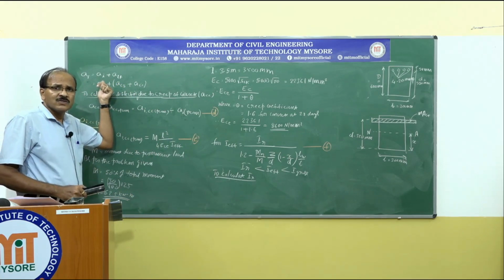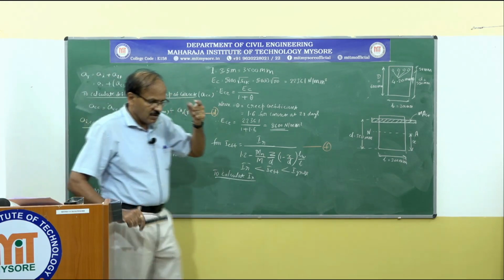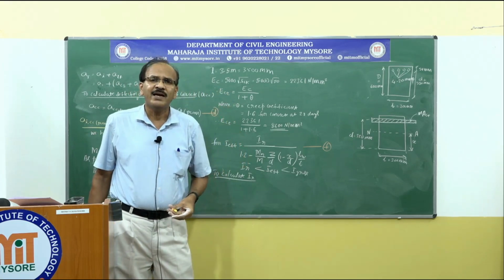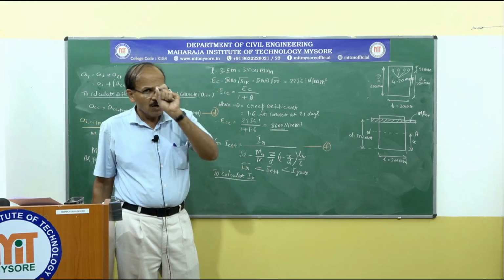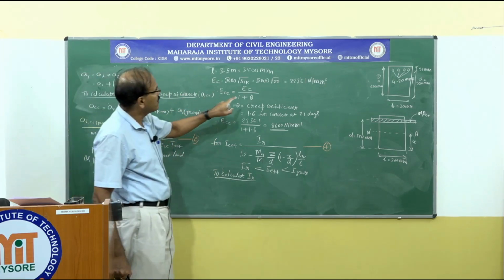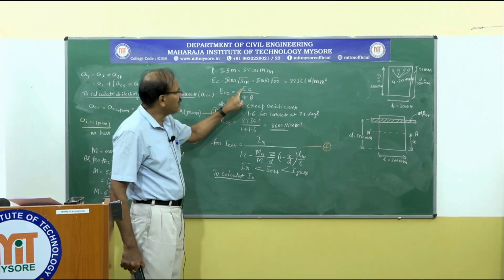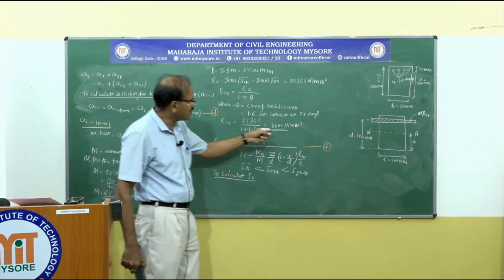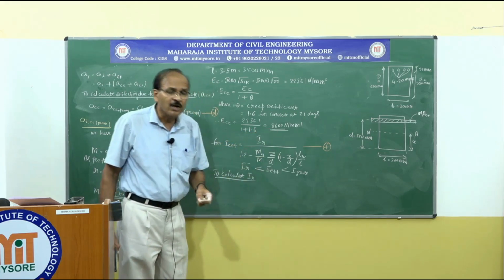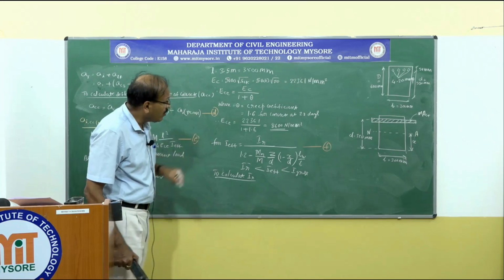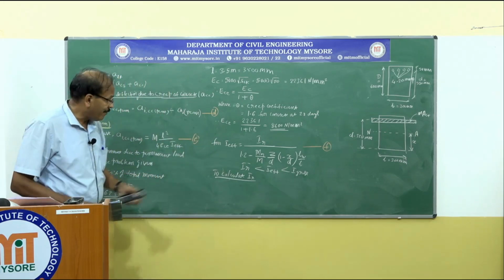So modular ratio is the Young's modulus of steel material divided by the Young's modulus of concrete. Here in this case, we should not use this Ec value, instead we should use Ece value, that is 8600 Newton per millimeter square, to find out the value of m.